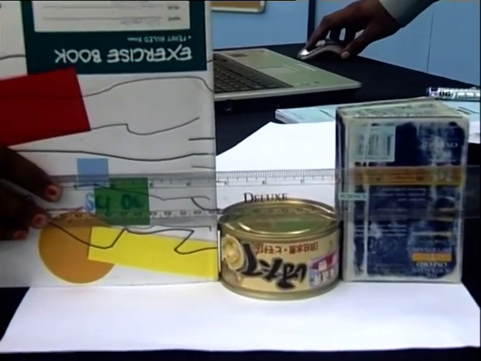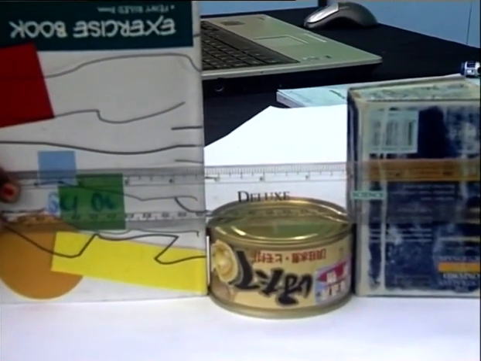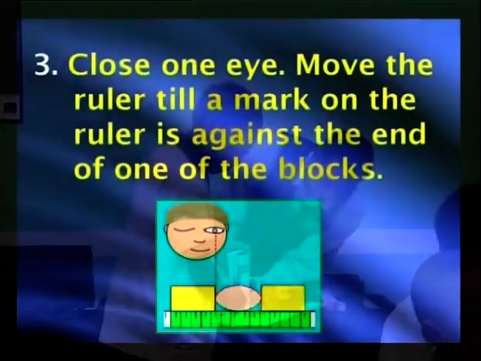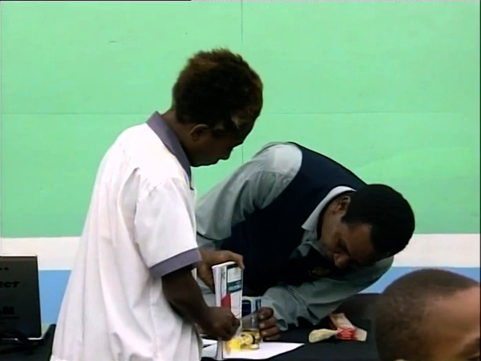Right, your instruction number 3. May I use your pencil? On one side, on your right or your left, you keep one fixed on one scale, and you move to get a fixed point.